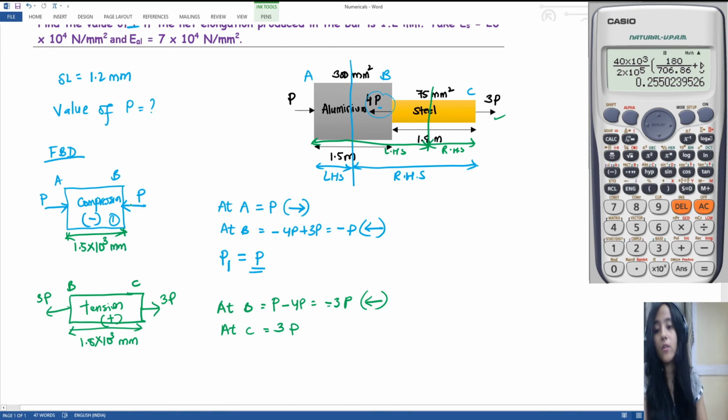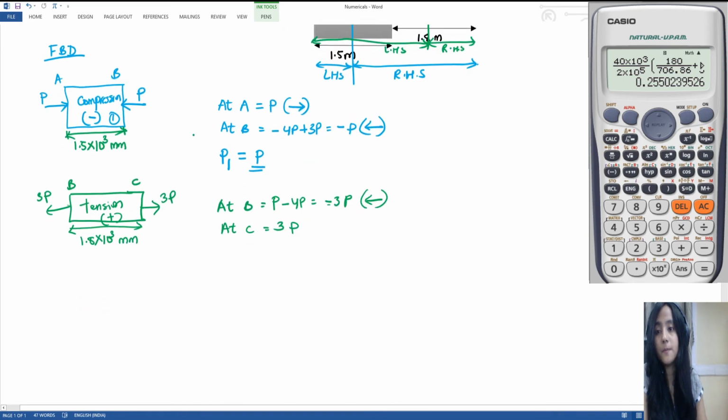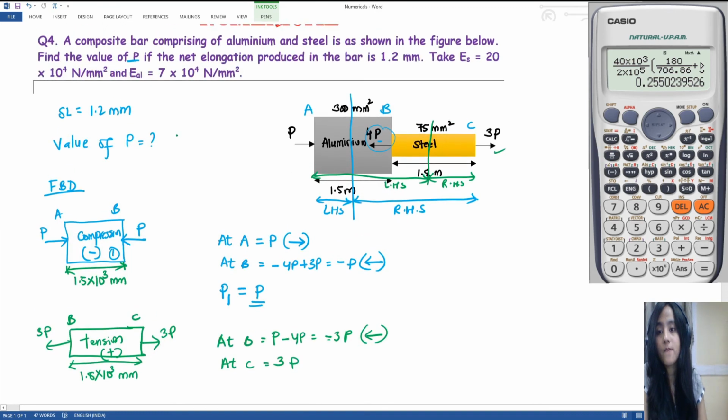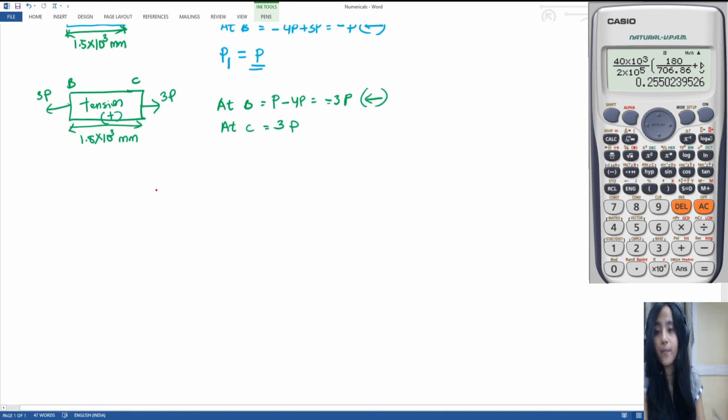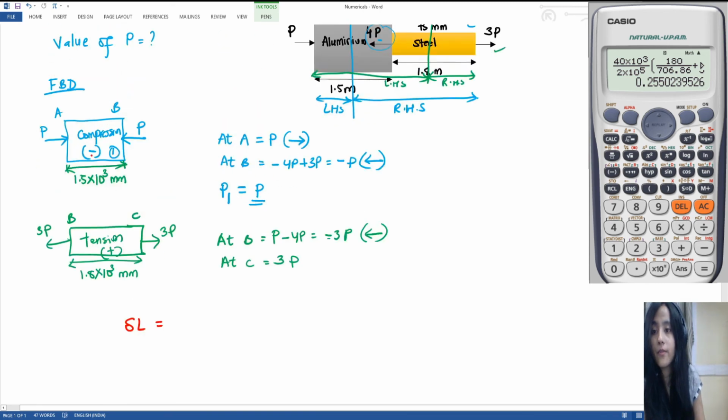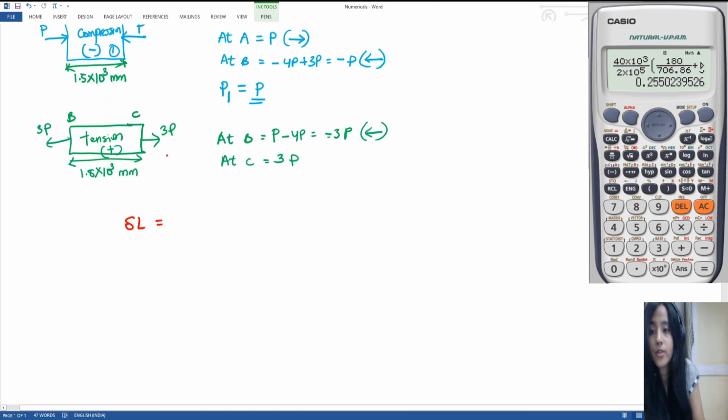Okay, now let us find from the formula of total elongation, we can find the value of P. So total elongation del L is equal to, first section is under compression, so I have minus del L1, second is under tension, so plus del L2, right?